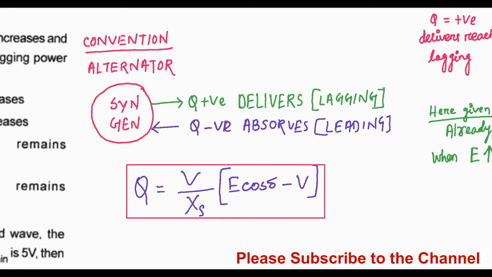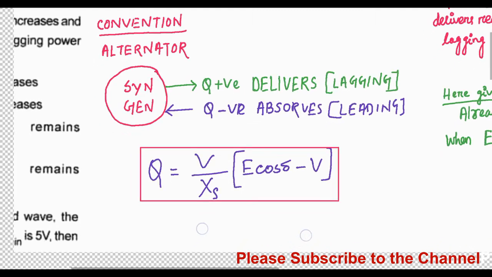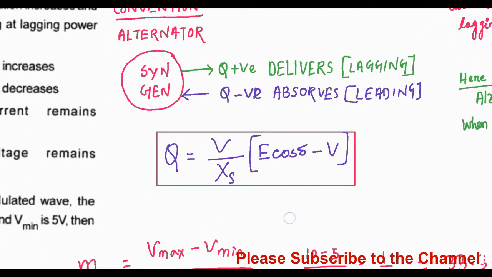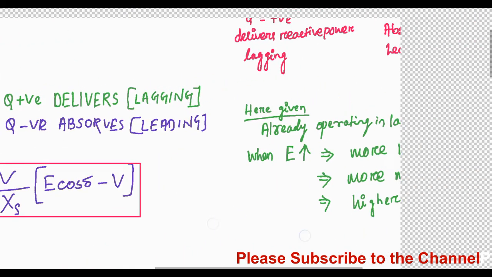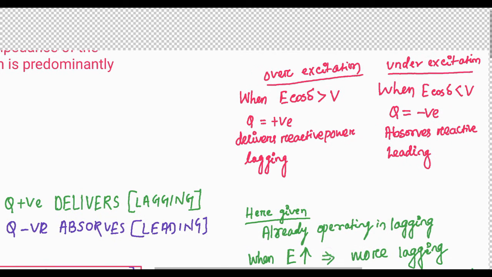This is our convention for source and load. And what is Q? That is the reactive power, V by Xs into E cos delta minus V.